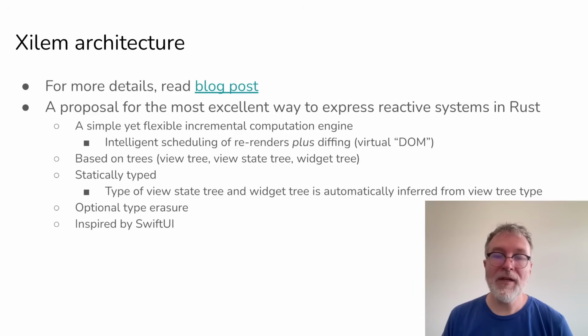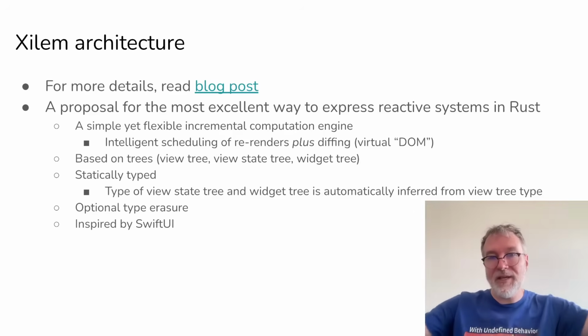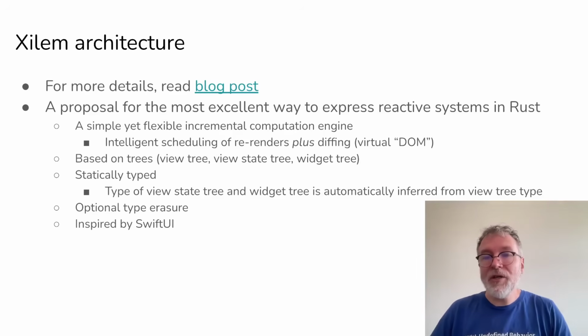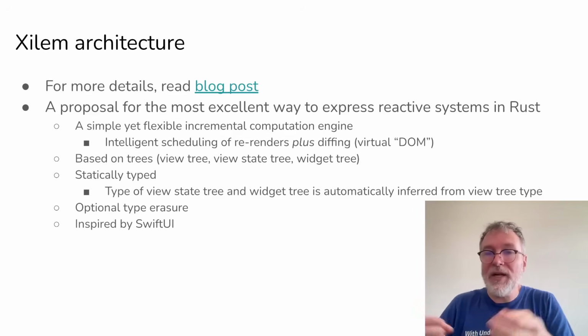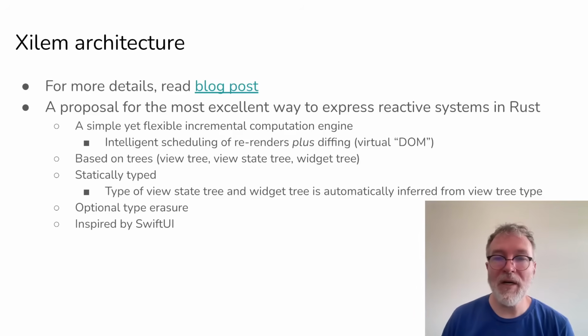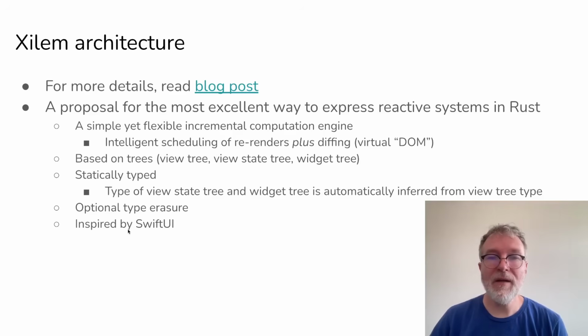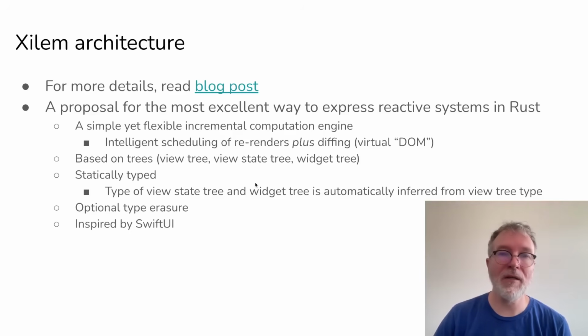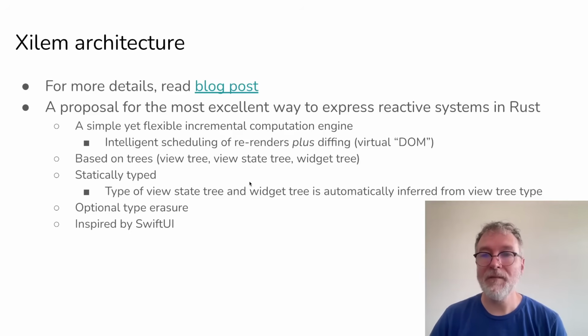Another thing, which uses the Rust type system very deeply and is similar to the way SwiftUI works, is type erasure. You can say this is the static type of this entire tree, but you can also have a node that's AnyView, and that can be boxed and dynamic. The type erasure is particularly interesting if you are trying to bind it to a scripting language.